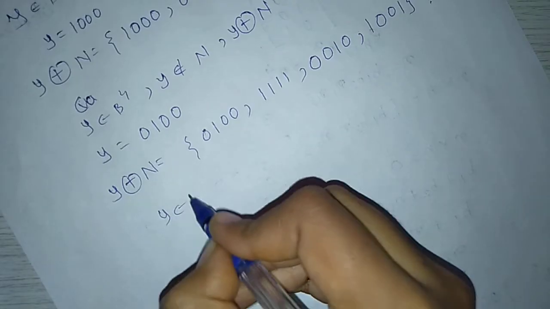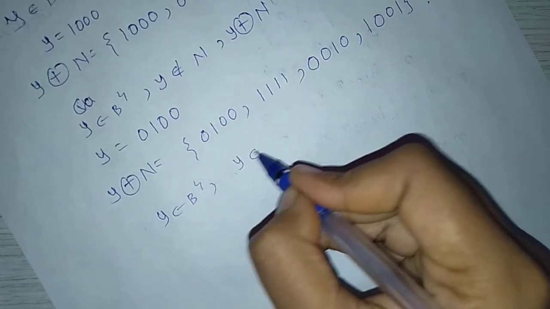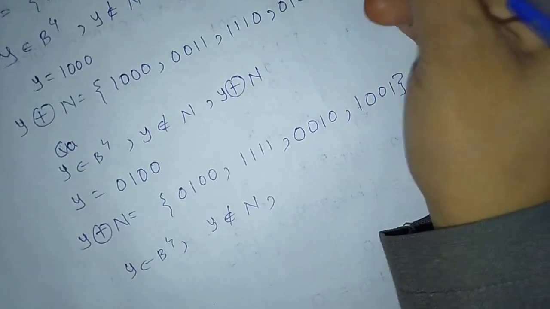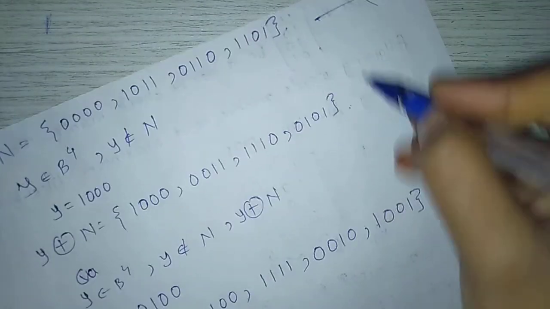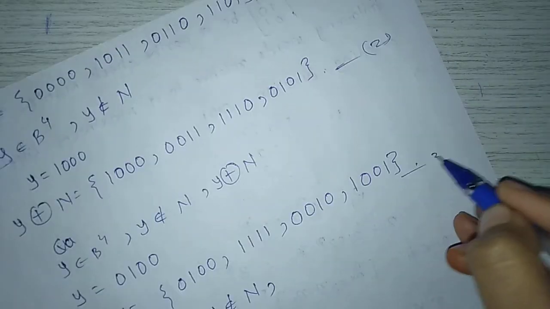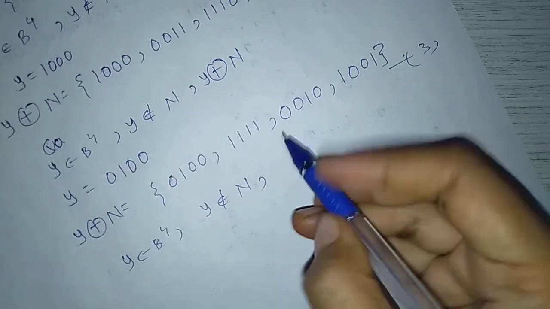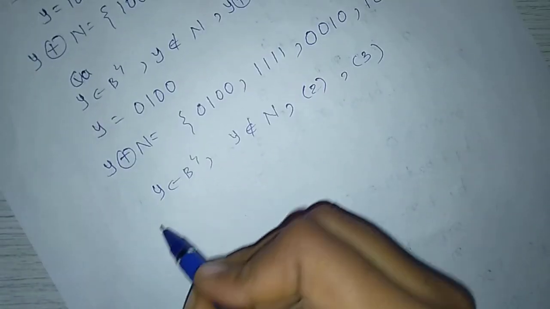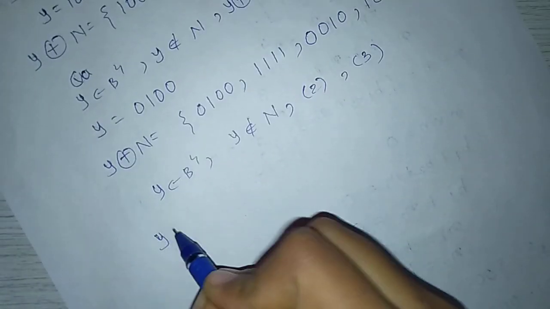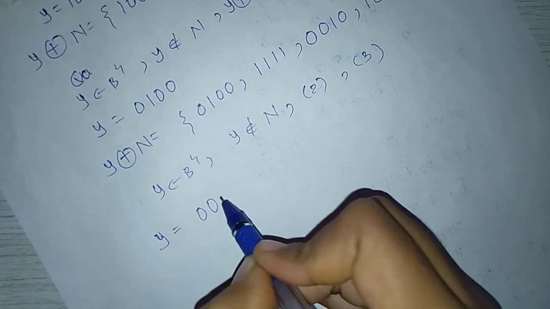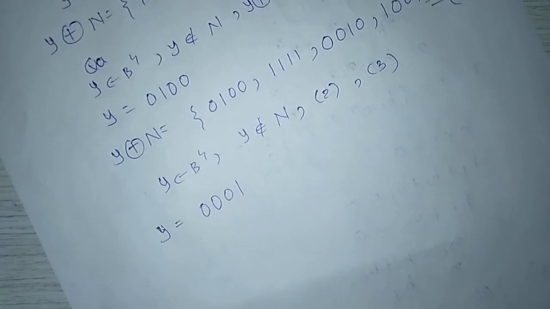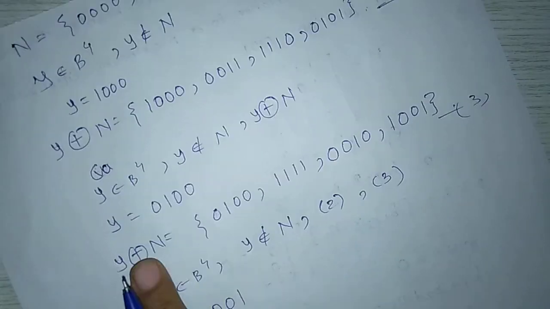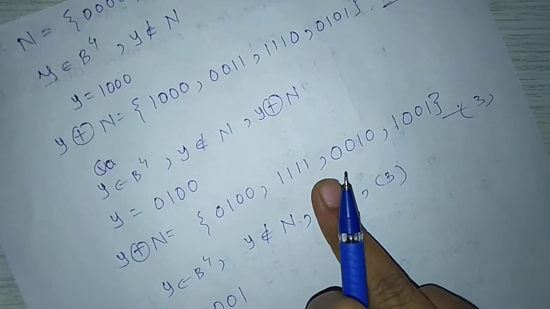Again take y belongs to b raised to 4 such that y does not belong to n, nor to the previous 2 3 sets. Therefore take y equal to 0 0 0 1, because if we take 0 0 1 0, it belongs to this set.